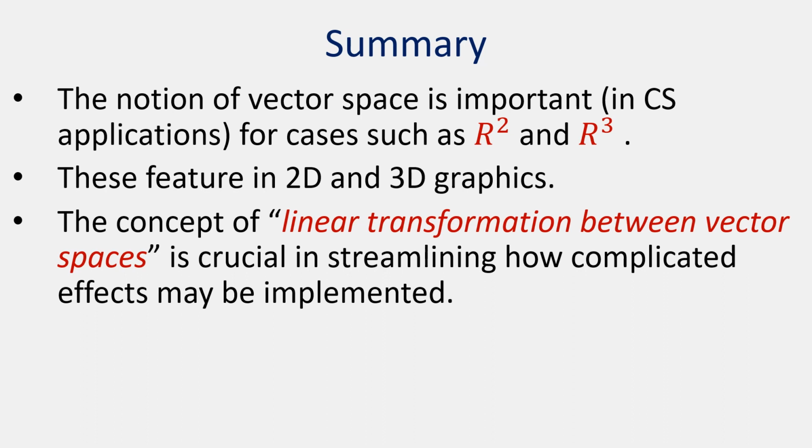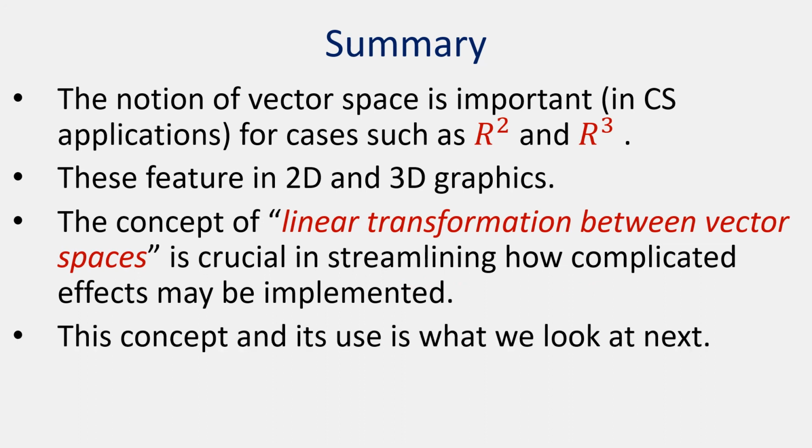And one of the key ideas we're going to see there is this notion of a linear transformation between vector spaces. And this is very important in simplifying, in streamlining how complicated graphics effects can be implemented. And that's what we're going to look at in the next slide.